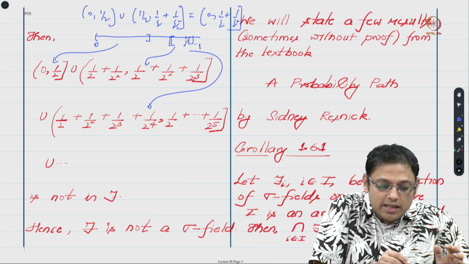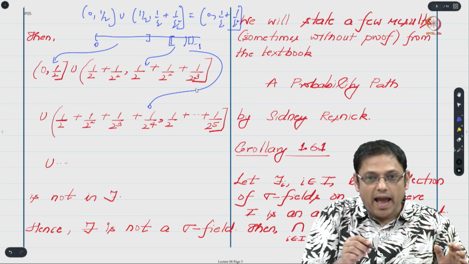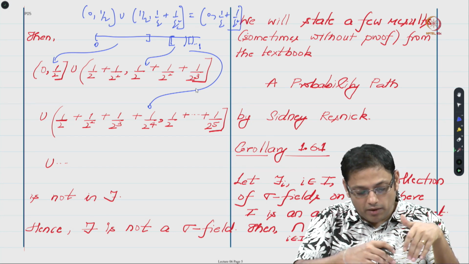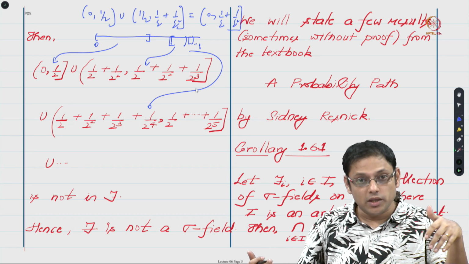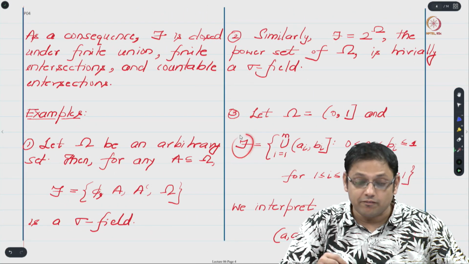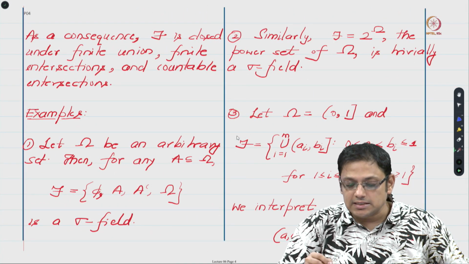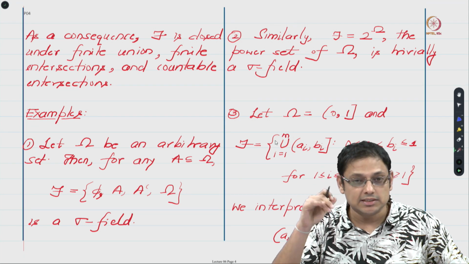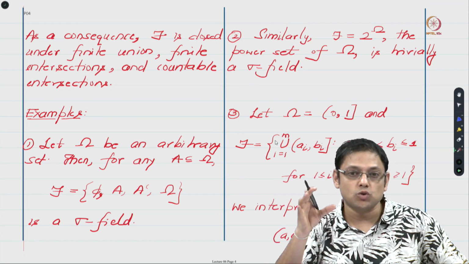And you can see that each of these intervals actually belongs to f. However, I am going to take their countable union, and because it is a countable union, it will not belong to this f, because the elements in this f have to be represented only as finite unions. This m can be very large, but it has to be finite, right.